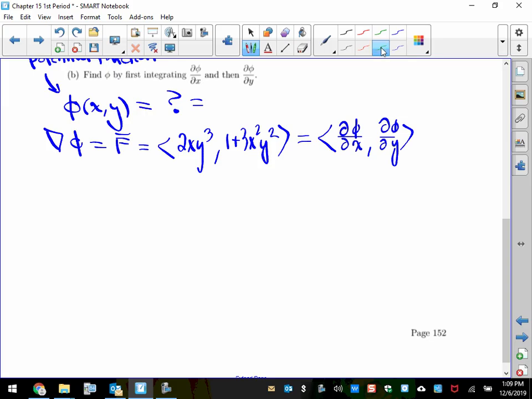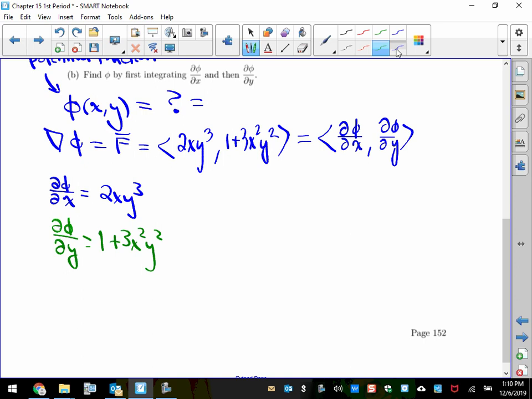So let's write both of those down. I'll do one of them in blue and the other in green. So the partial of phi with respect to x is equal to 2xy cubed, and the partial of phi with respect to y is equal to 1 plus 3x squared y squared.